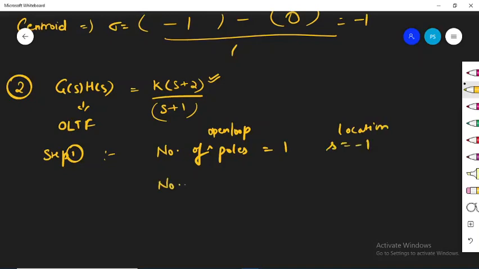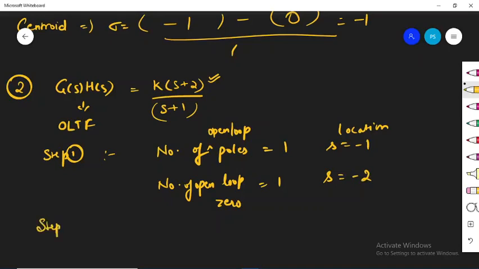Second, number of open loop zeros. We have got 1 zero over here, so total number of zeros is 1 and the location is s is equal to -2. S plus 2, hence the location is s is equal to -2. So we have got one open loop pole and one open loop zero.